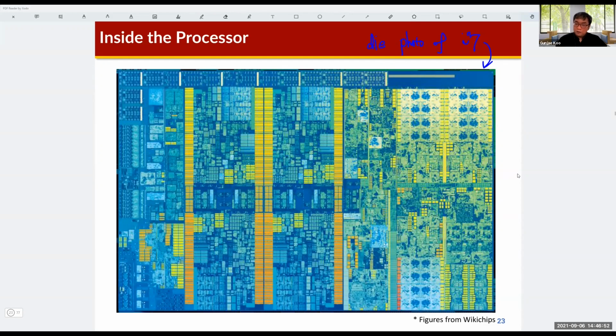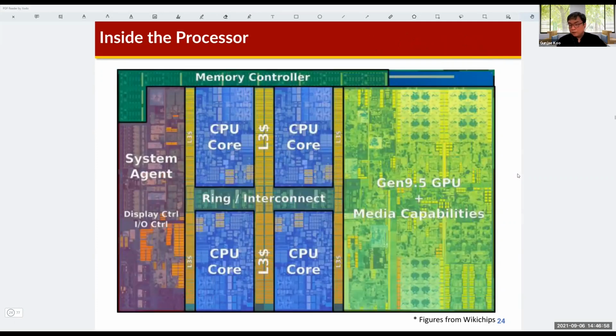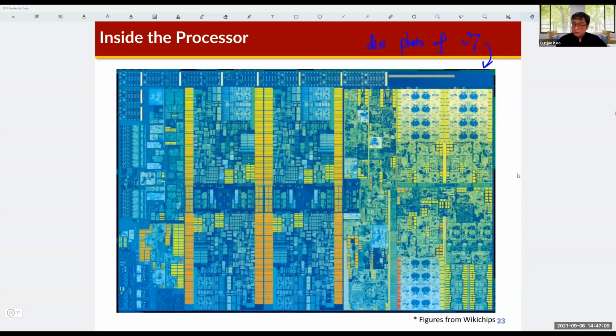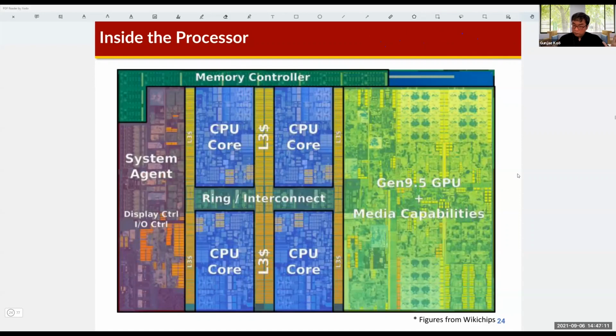So how can we understand the CPU with this photo? This photo shows which part is which component inside of the Intel i7. Actually it's the same photo, and on the same photo we categorize which component occupies which area of the entire Intel CPU chip.